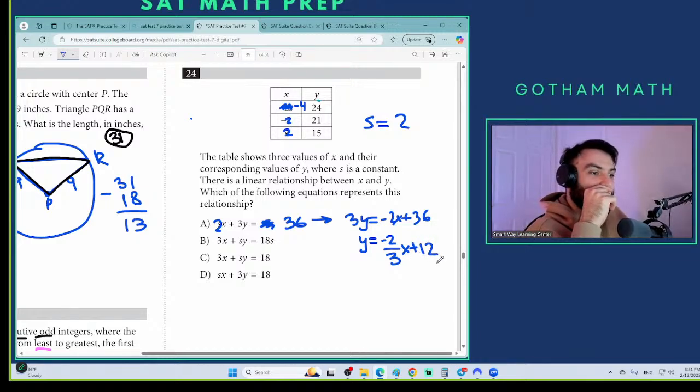Now, is that the equation? What will be the equation here? It's going to be 15 minus 21 over 2 minus -2, which is negative 6 over 4, which is 3 over 2, right?